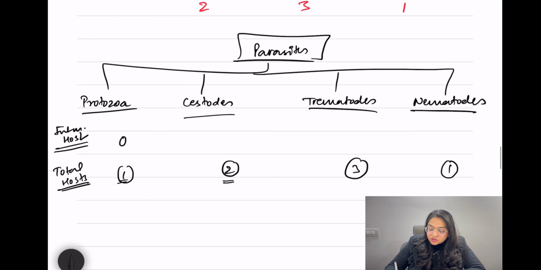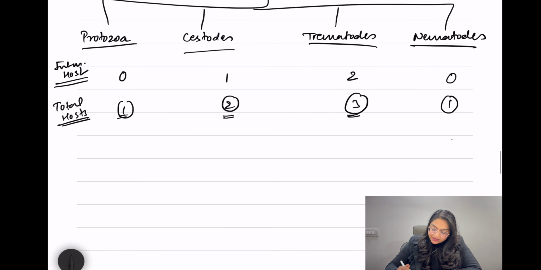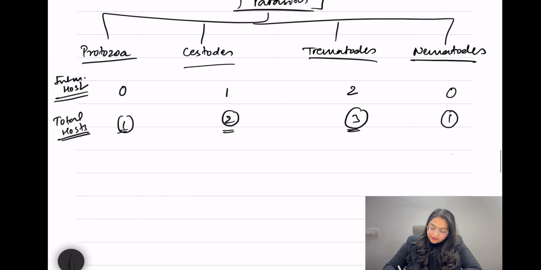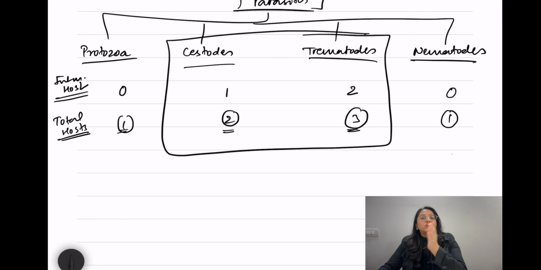If the total number of hosts is 2, that means there is just one intermediate host and one definitive host. If total hosts are 3, then there are 2 intermediate hosts and 1 definitive host. And for nematodes, total host is 1, so there is no intermediate host. So you can simply remember: cestode, trematode, protozoa, cestode, trematode, nematode.